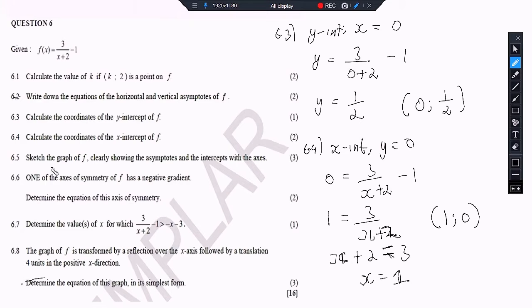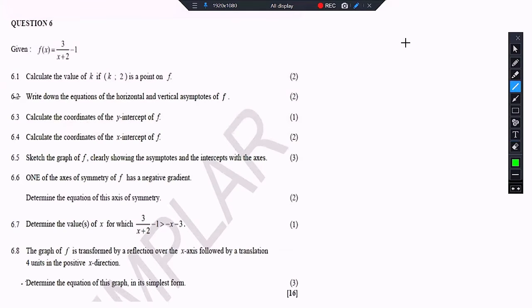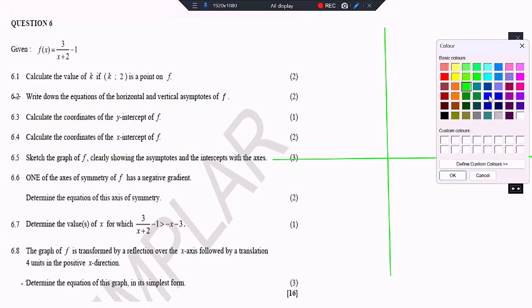So 6.5 says sketch the graph of f, clearly showing the asymptotes and the intercepts with the axes. So with this one, it's a sketch. So let's try to sketch. Obviously starting with our Cartesian plane, this is what we have. And then let's indicate a different color for the asymptotes.